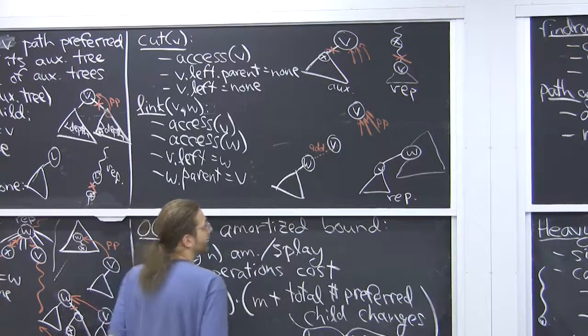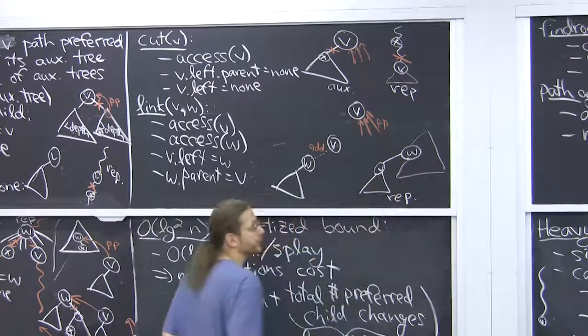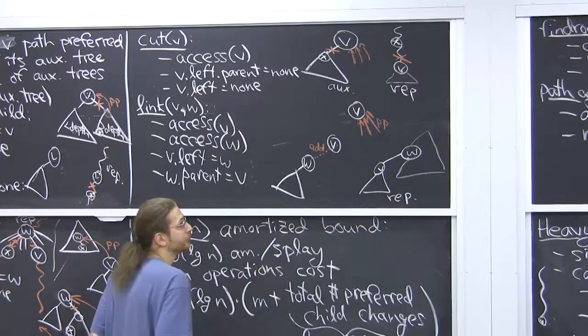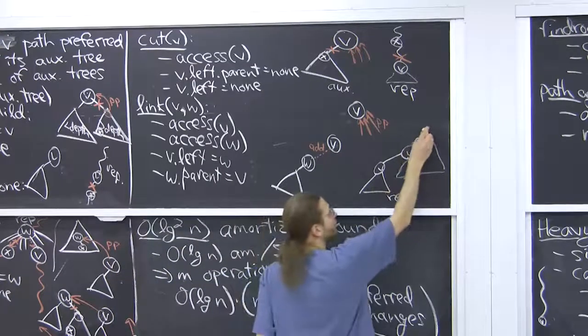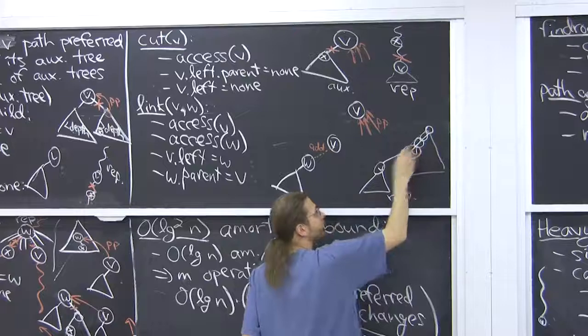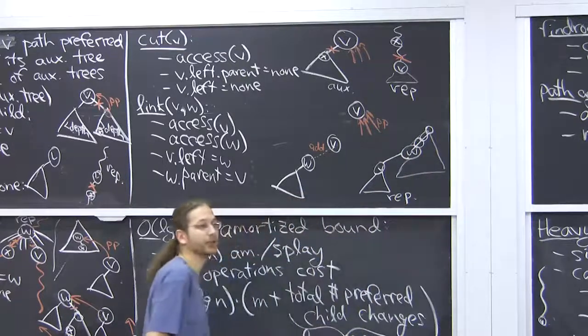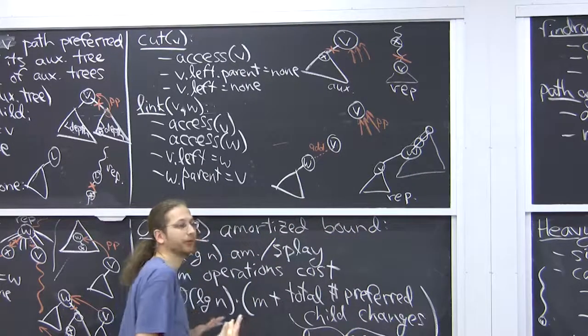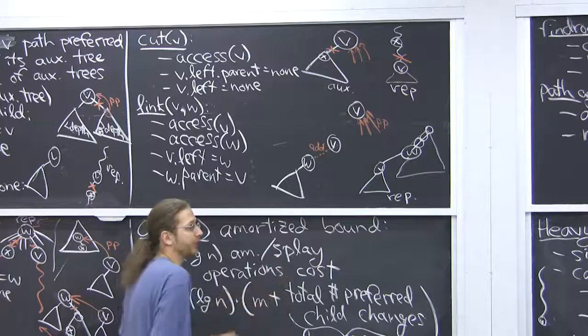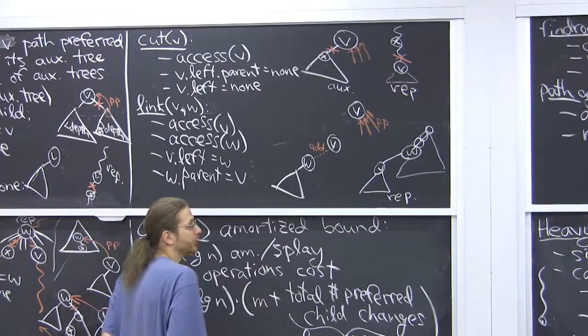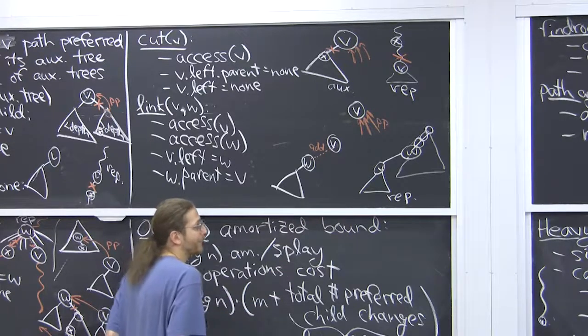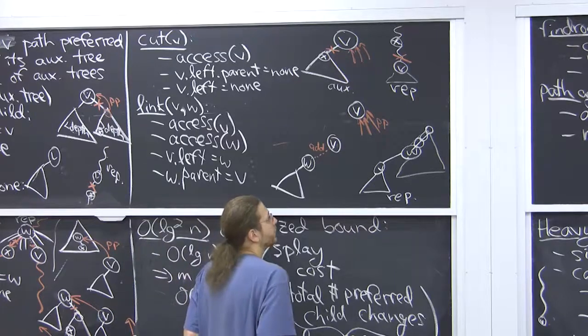What happens is that W gets heavier. I guess also this gets heavier. All the nodes on this root to W path get heavier. That's all that happens in terms of heavy, light. Preferred paths don't change, just about heavy and light changing. Okay.